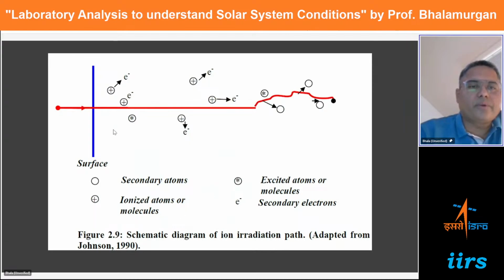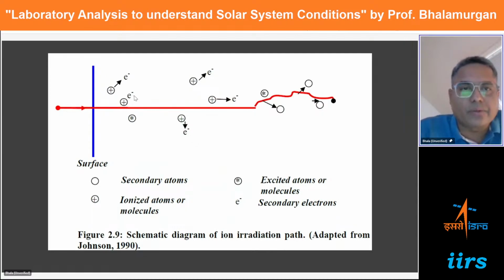It is capable of producing secondary electrons, which you see here, which means molecules are ionized and we have excited atoms and molecules until the energetic particles come to rest. It is making a lot of damage to the surface. So this is where we get the energy to start a chemical reaction.